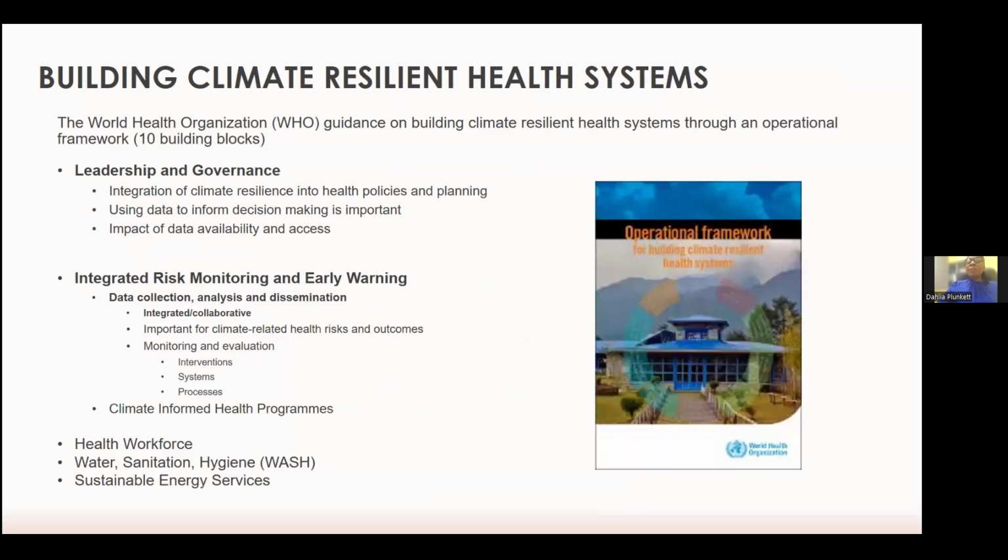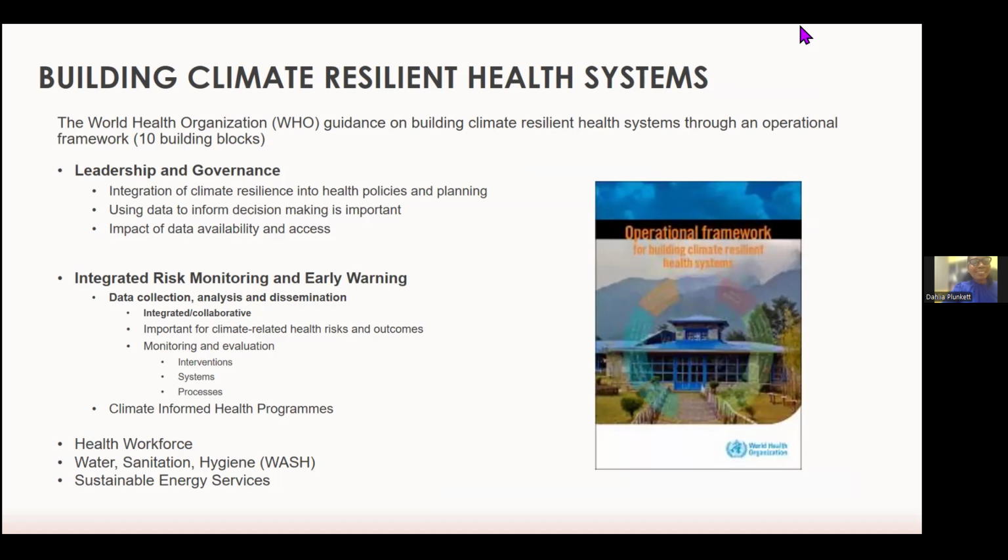Now, in terms of building climate resilient health systems, I want to first look at a couple of guidance documents or operational frameworks that are available, starting with the World Health Organization, looking at their 10 building blocks for building climate resilient health systems.